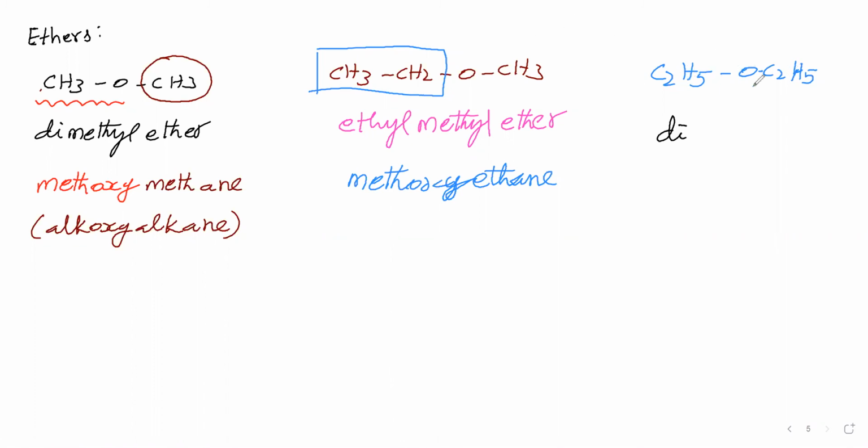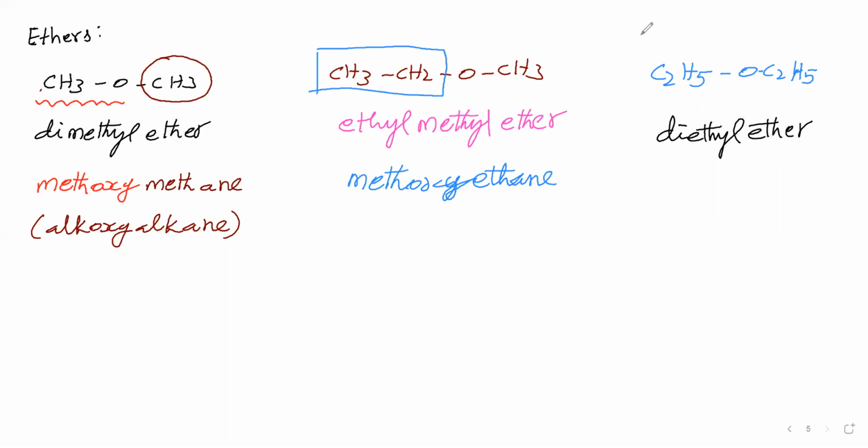Two C2H5 groups are there, therefore it is diethyl, and this O we say as ether. So the name is diethyl ether.